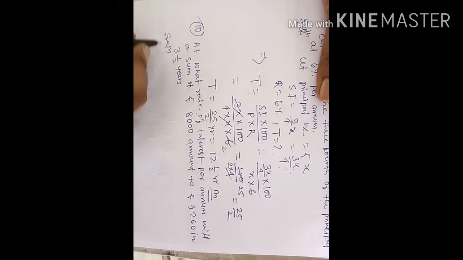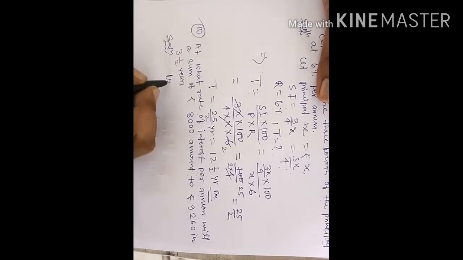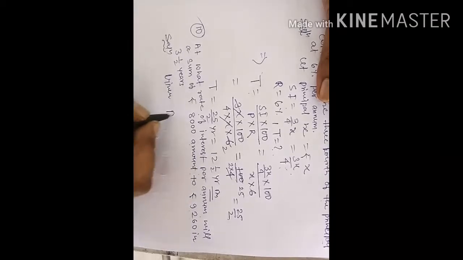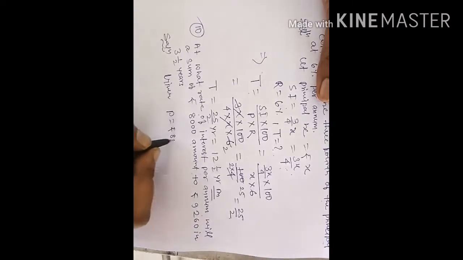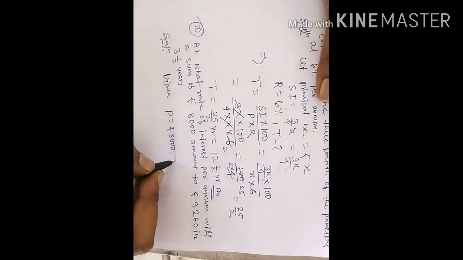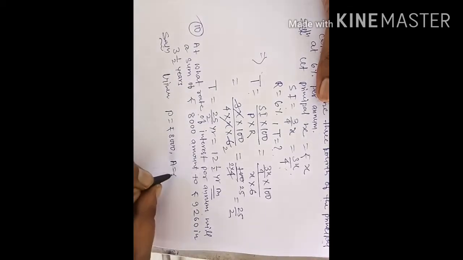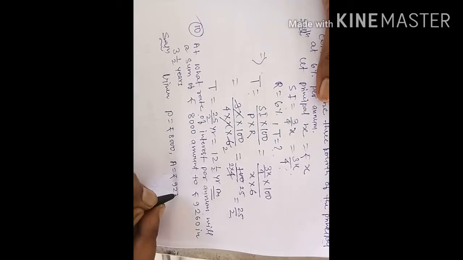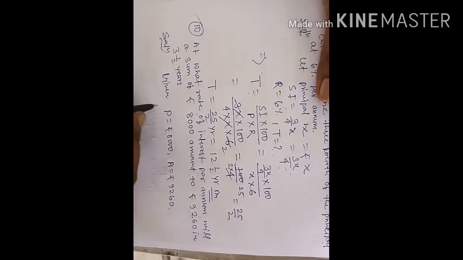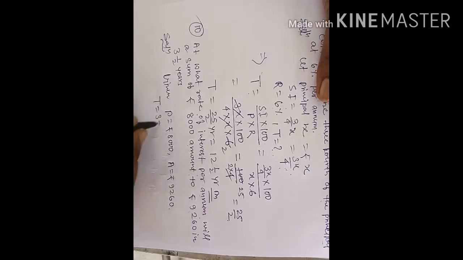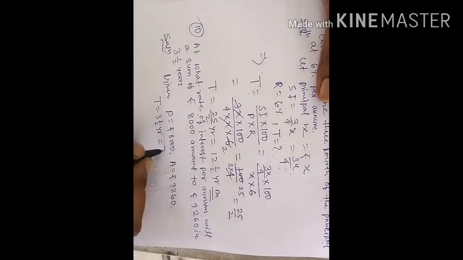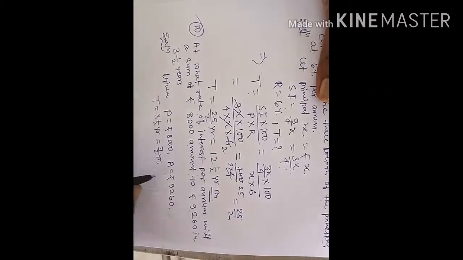Solution. Here given that principal is equal to rupees 8,000, amount is equal to rupees 9,260, time is equal to 3 whole 1/2 years, that is 7/2 years, rate of interest not given.